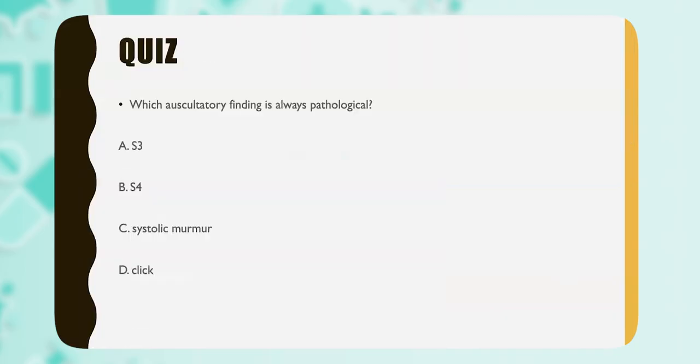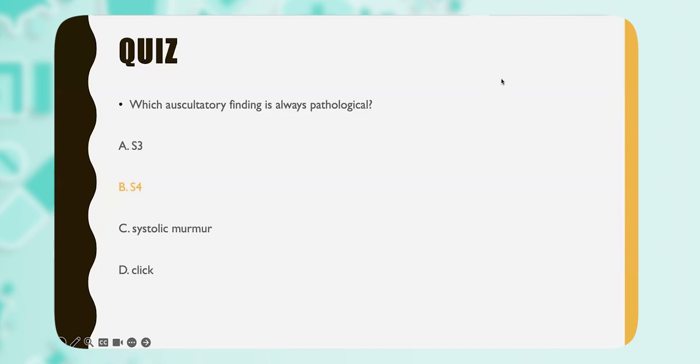Which auscultatory finding is always pathological? Can someone say? Just take a guess. Which is always pathological, never happens in a normal person. Yeah, D, it's S4 actually.